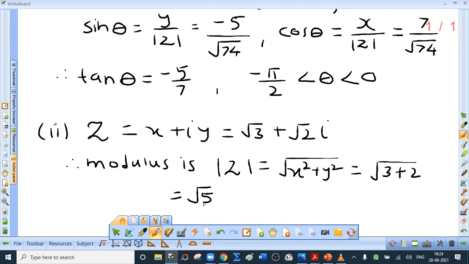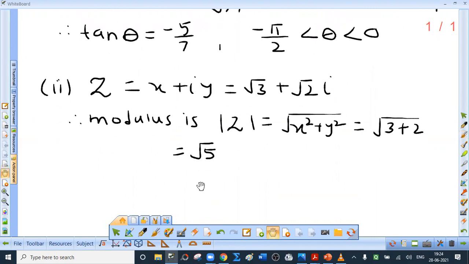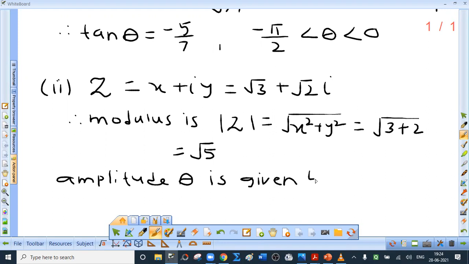Okay. Now the amplitude theta is given by, you may write tan theta. What is tan? It is sine upon cos, or I can say y upon x directly. So what is y? Root 2 upon root 3. Just write this much.